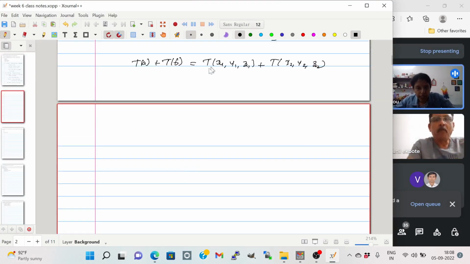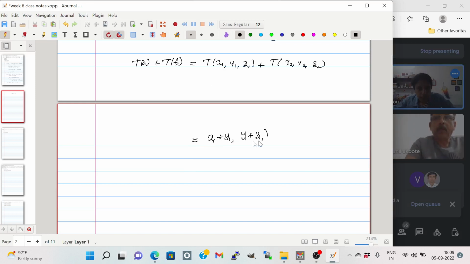So from this we can write the value of this as x1 plus y1, y1 plus z1, and T of x2, y2, z2 means x2 plus y2 and y2 plus z2. So this is usual coordinate wise addition. We can add this as x1 plus y1 plus x2 plus y2 and y1 plus z1 plus y2 plus z2.